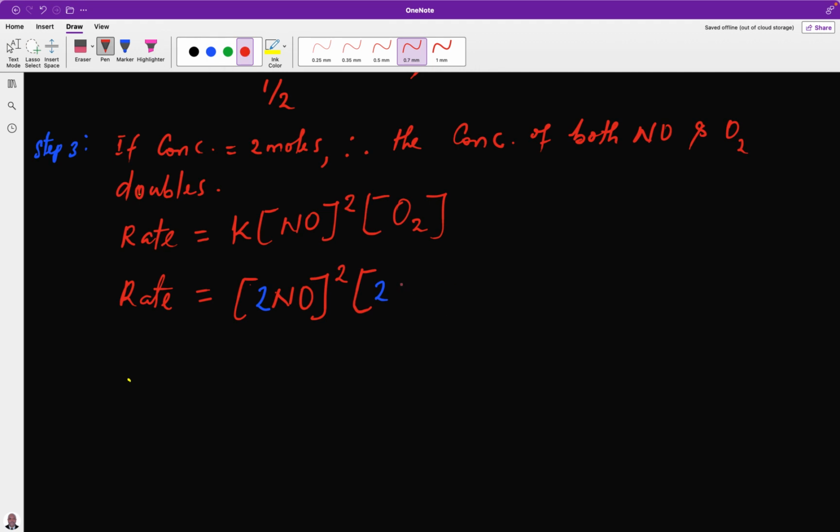So oxygen raised to the power 1, which is the order of reaction. These can simply be put in this order. Rate is equals to 2 square times 2.